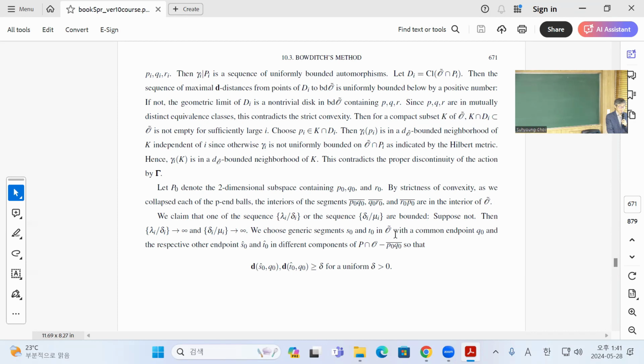So now we consider this, or this is bounded. Okay, then suppose not, then these are going to infinity.